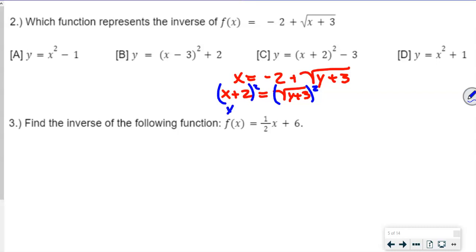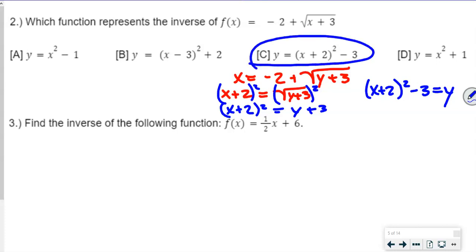So that gives me x plus 2 squared equals y plus 3. Then we're just going to subtract 3 from both sides. So that's going to be x plus 2 squared minus 3, and that equals y. That's going to be my inverse function. And so which one is that? That is C, right, y'all? Yes. There it is.